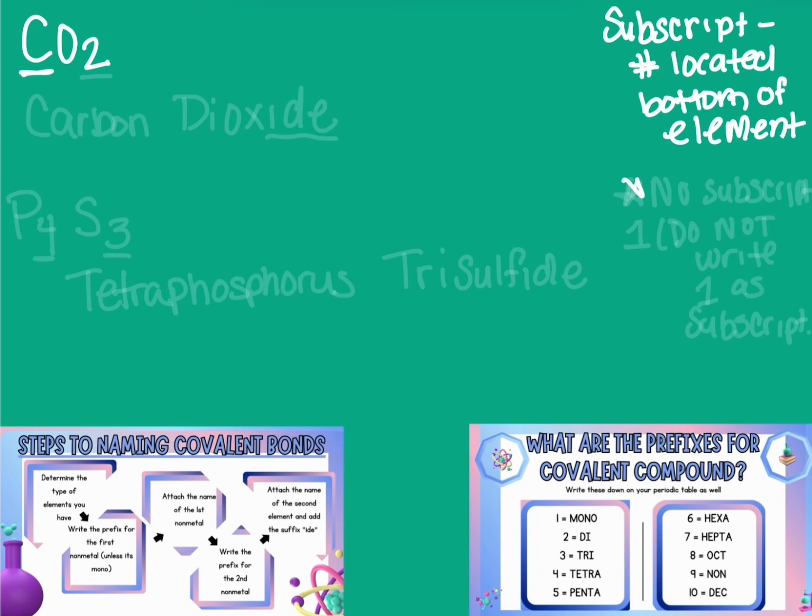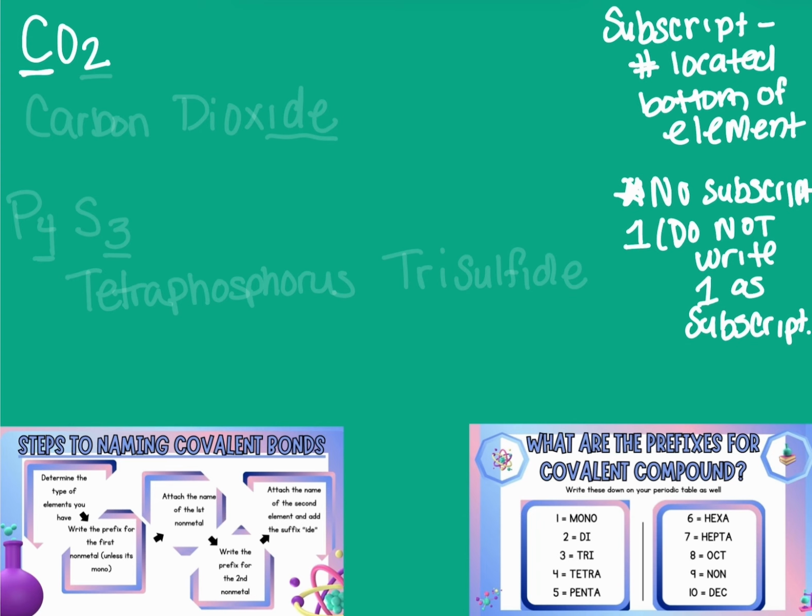So, a little star here: no subscript means that it is one, and we do not write ones as subscripts, because it is already understood that it is one of that element present just by the element being there.